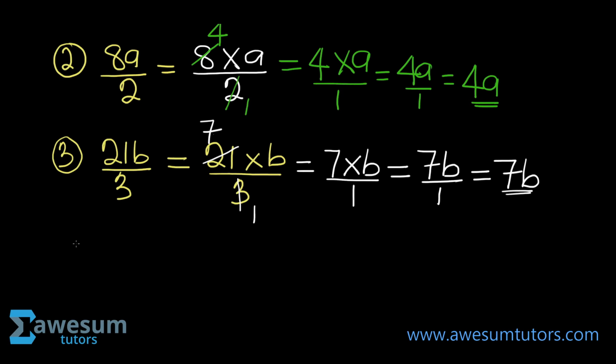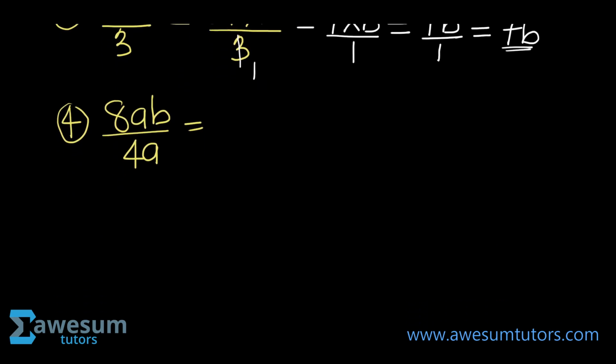Let us take a look at another example. Example 4: you have been asked to simplify 8ab divided by 4a. How do we solve this problem? 8ab divided by 4a.